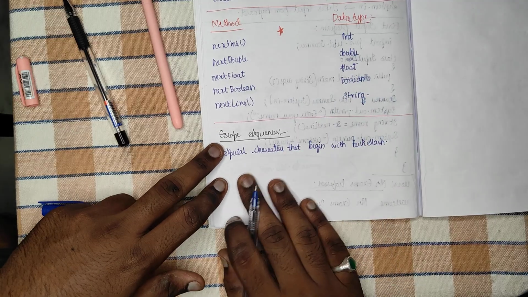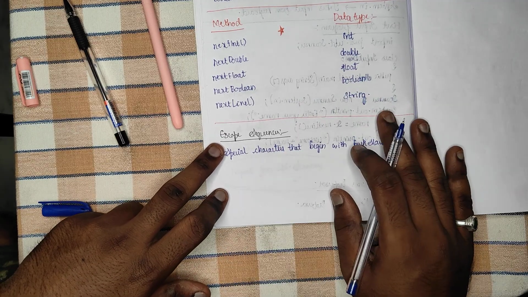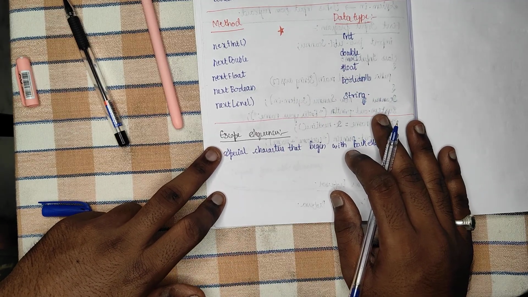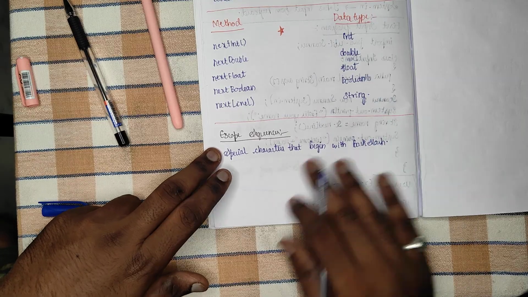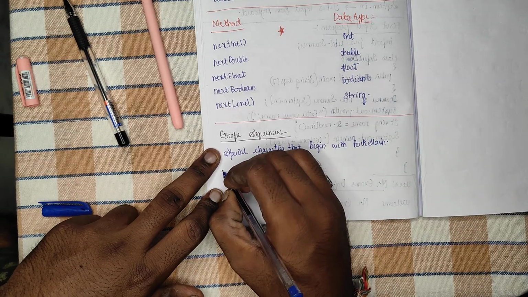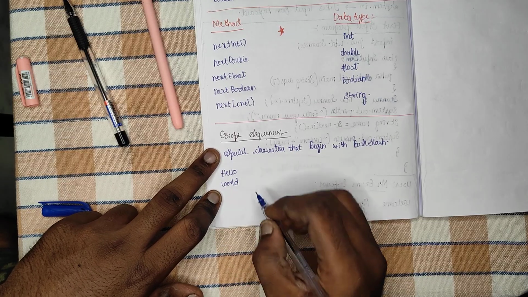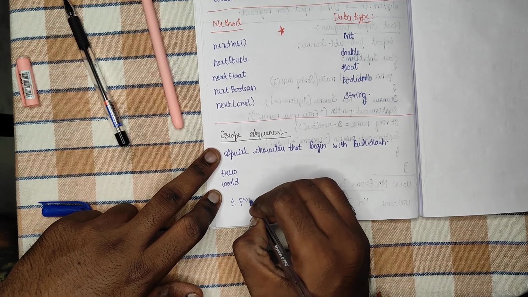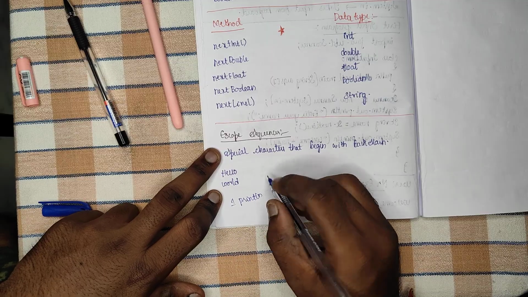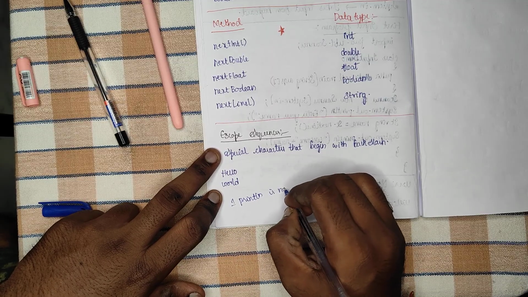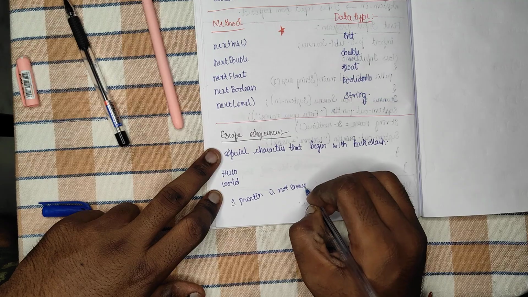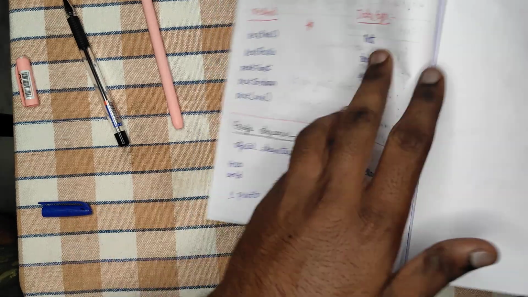Suppose if you want to print hello world on separate lines, one println is not enough. This is an important concept. So we use \n.